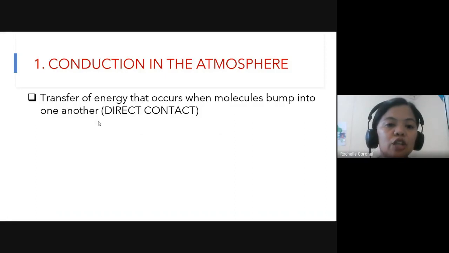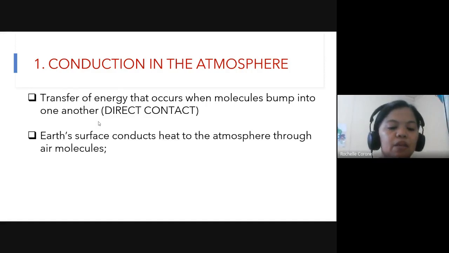Okay, so let's start with conduction in the atmosphere. Again, with conduction, there should be direct contact. Molecules bump into one another, and in the process transfer that heat. Earth's surface conducts heat to the atmosphere through air molecules. Remember, air molecules at the surface are more compact than higher level molecules.